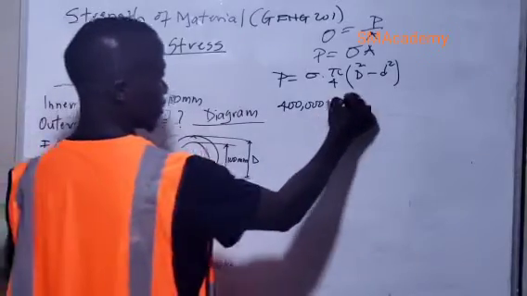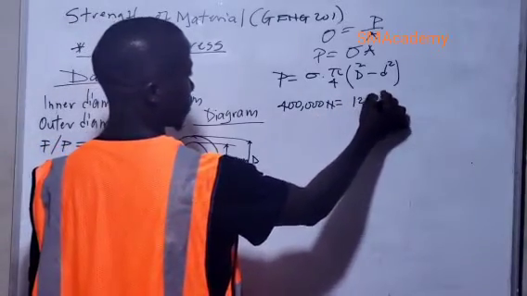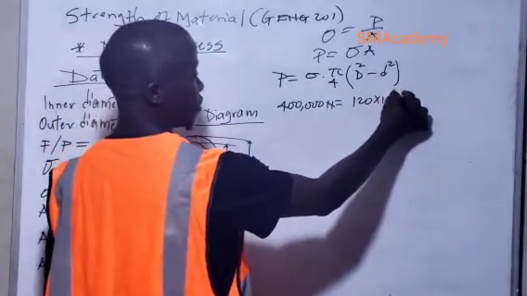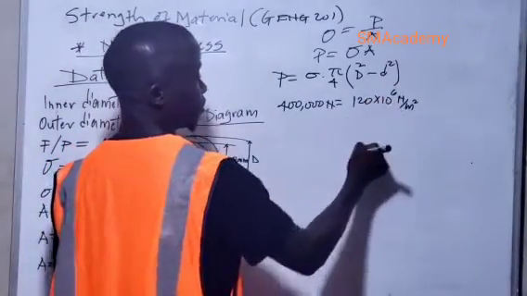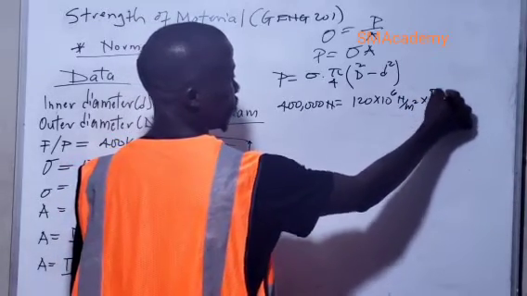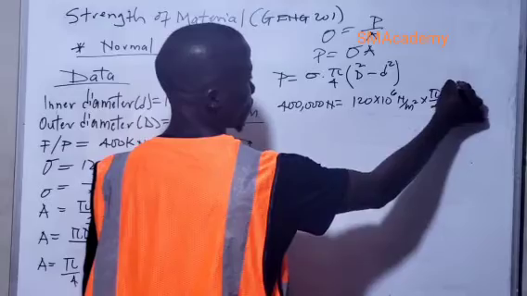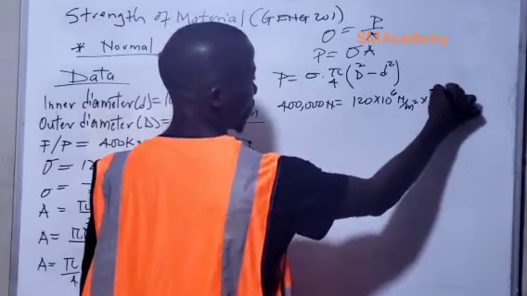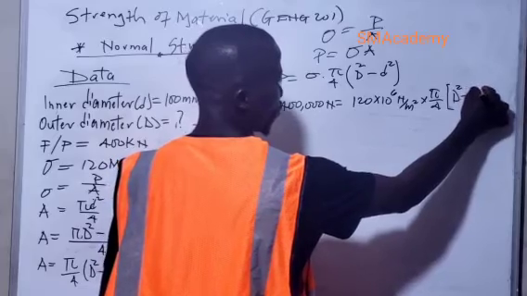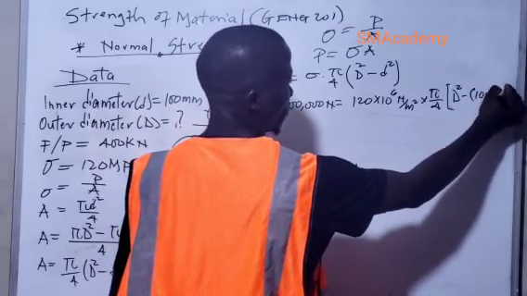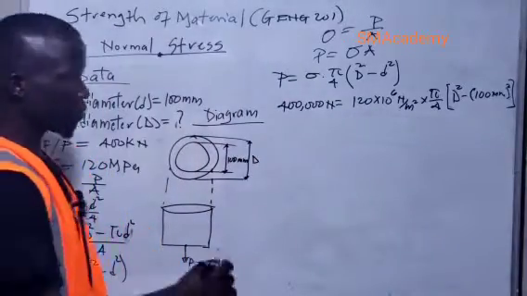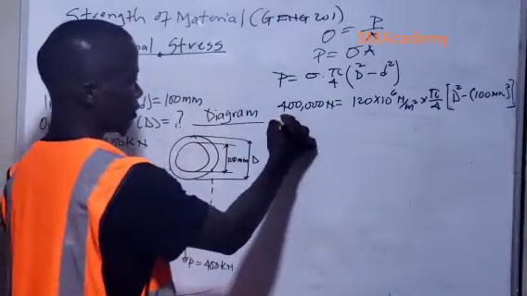So we get 120 times 10 to the power 6 Newton per meter square, times pi over 4, times outer diameter square minus the inner diameter, which is 100 millimeter, all squared.